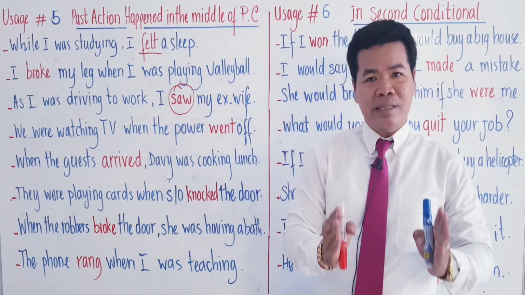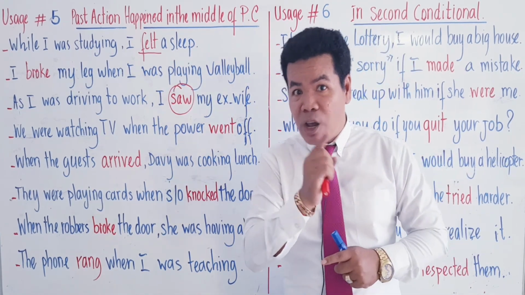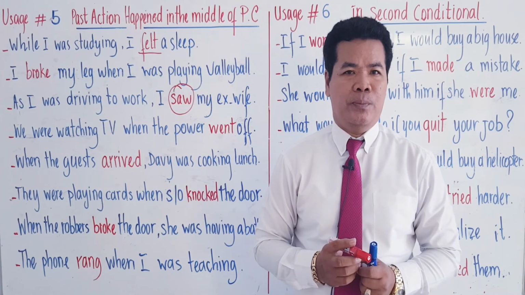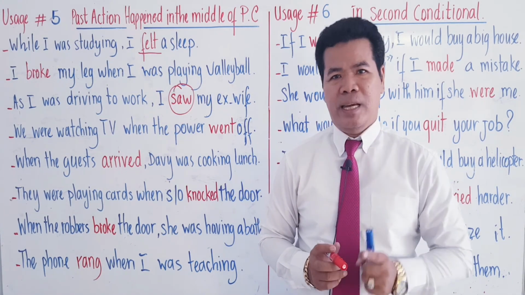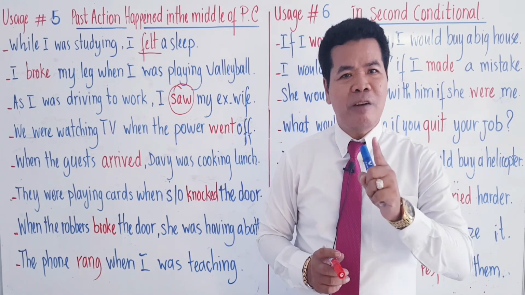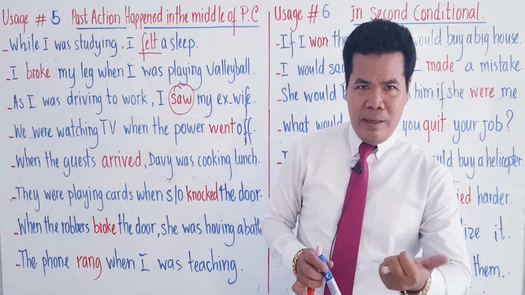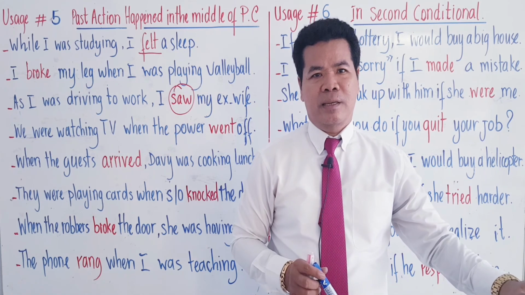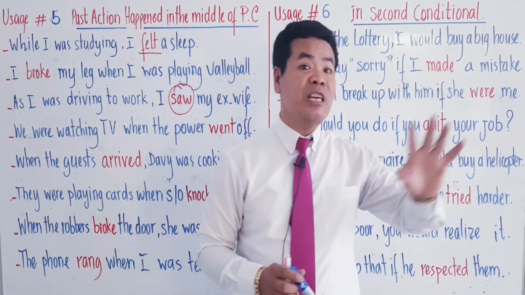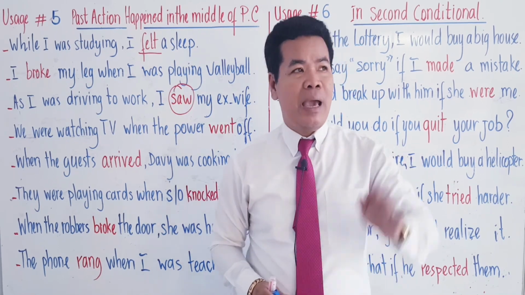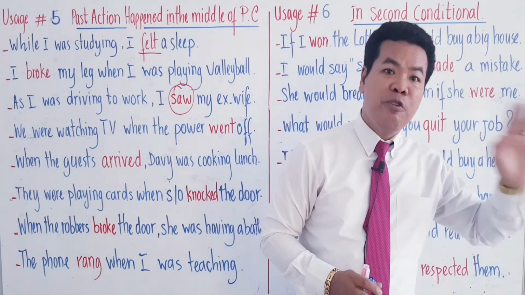So the guests arrived in the middle of the action she was cooking. Once again, both of the actions, the guests arrived and she was cooking, happened and finished already in the past, alright?